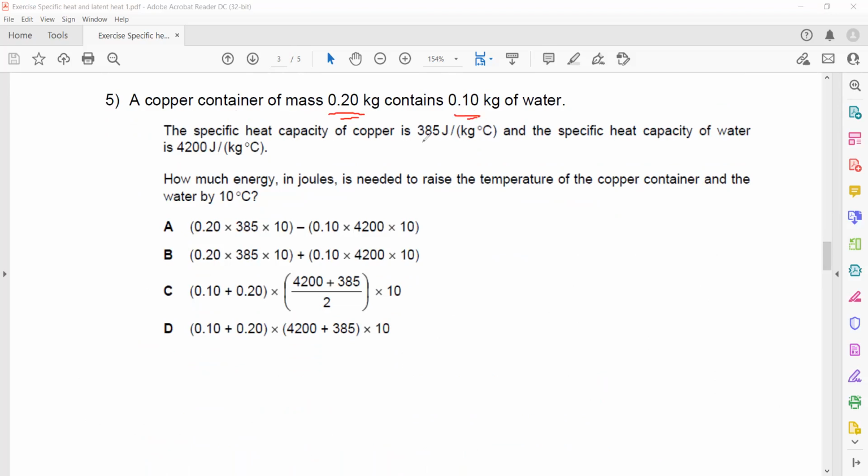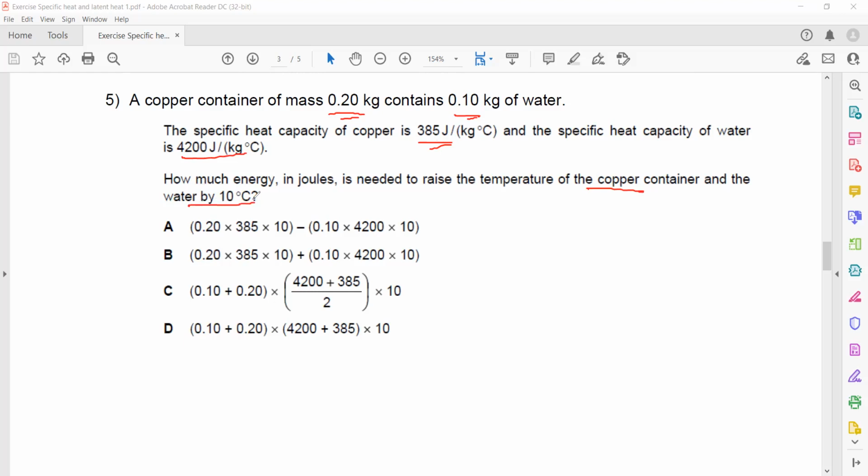The specific heat capacity of copper is 385 joules per kilogram degree centigrade, whereas for water it is 4200 joule per kilogram degree centigrade. How much energy is needed to raise the temperature of the copper container and water by 10 degree?